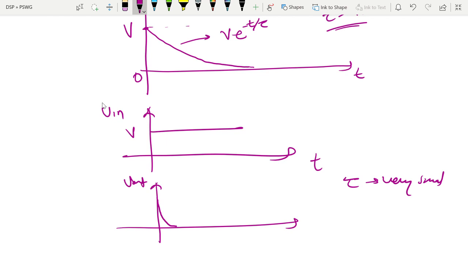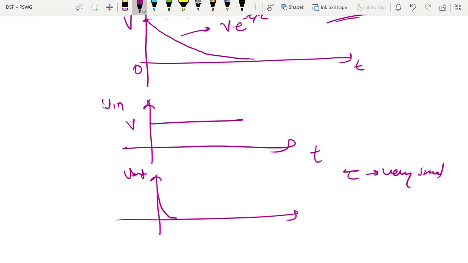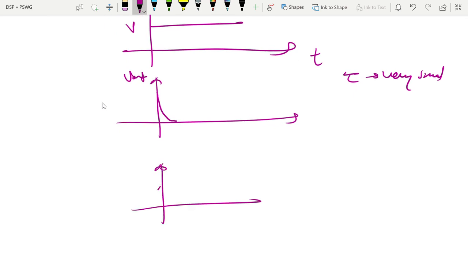If it tends to 0, it will simply give the output voltage as an impulse signal.